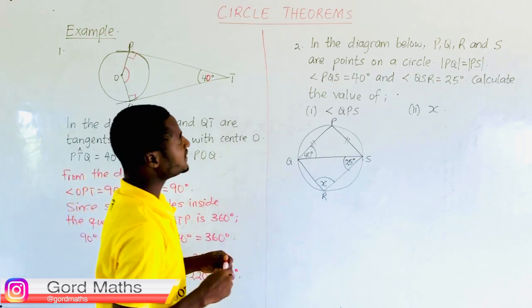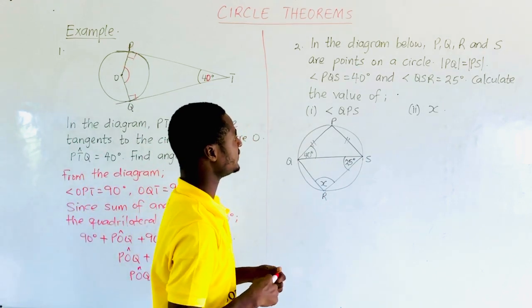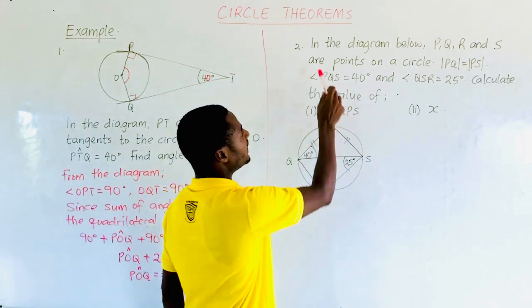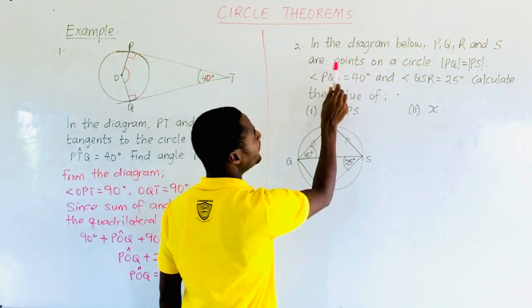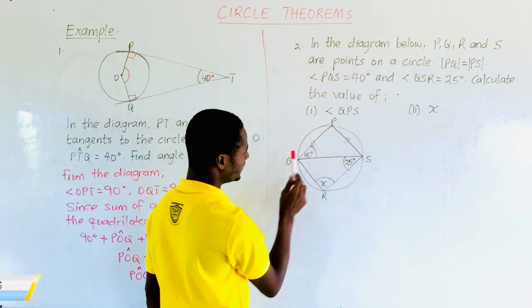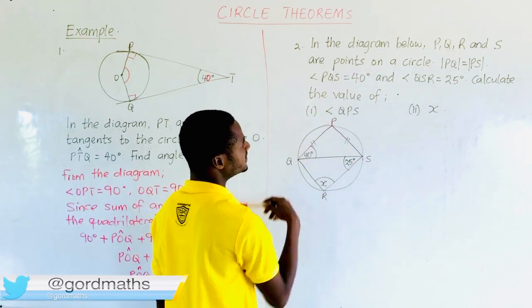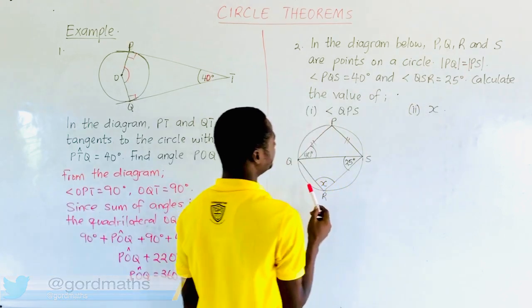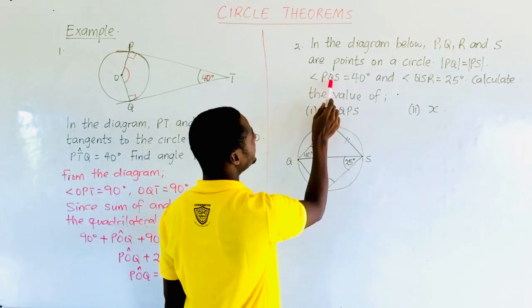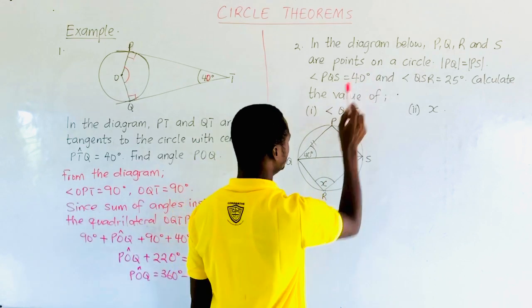Then let's go through the second question. In the diagram below, P, Q, R, and S are points on a circle. We have PQ is equal to PS, and angle PQS equal to 40 degrees.